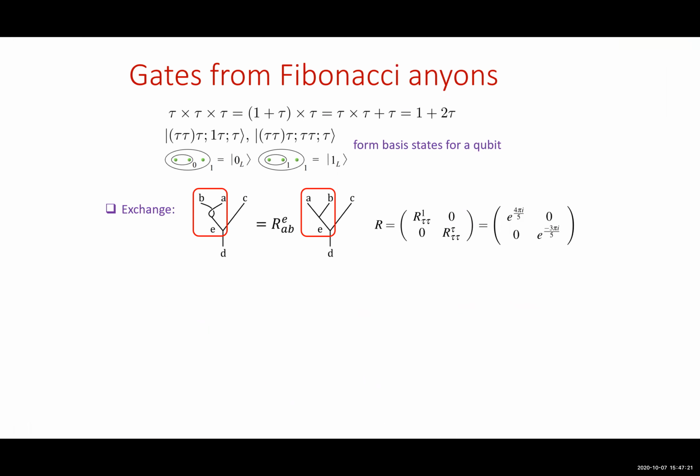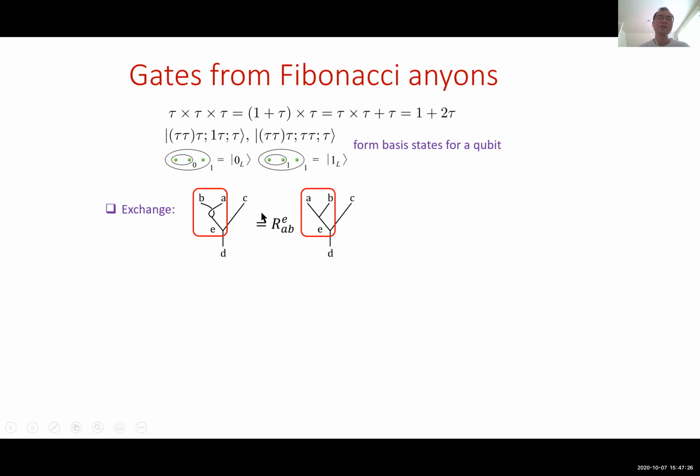Okay, let's go step by step. So the exchange: if it's fused to a fixed anyon, that's just a phase factor. This says if you fuse 1 and tau, and tau fuse to 1, under that condition, when you braid them, that's the phase you have.